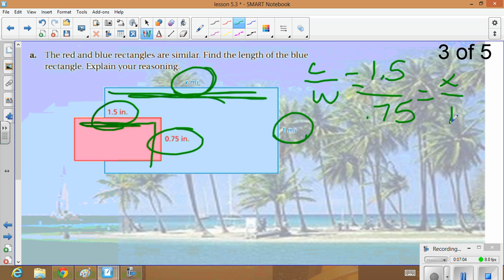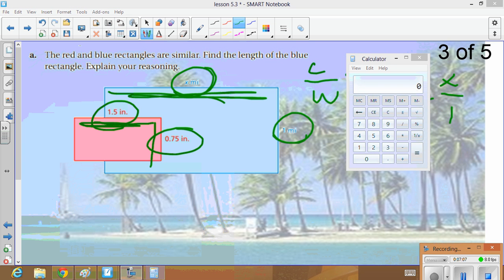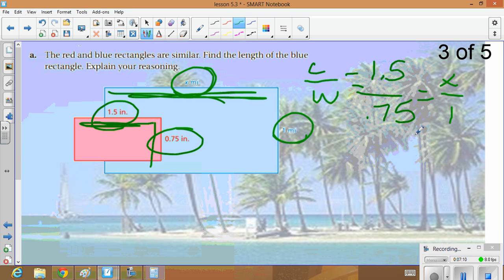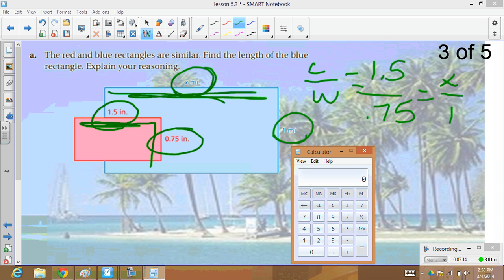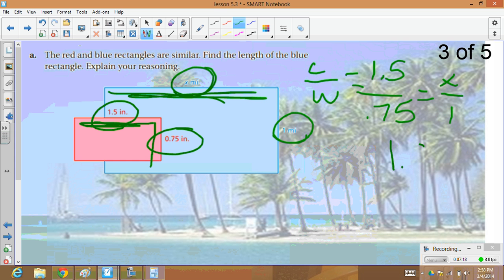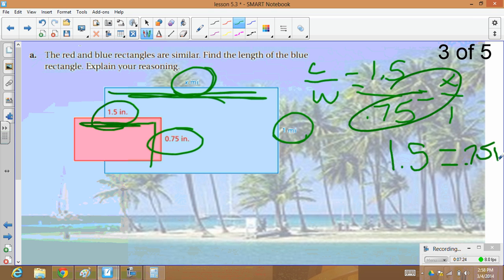So if you need a calculator, go ahead and get one. So what we're going to do now is use the calculator, and we're going to multiply 1.5 times 1, so that gives us 1.5, and we're going to set that equal to 0.75x.